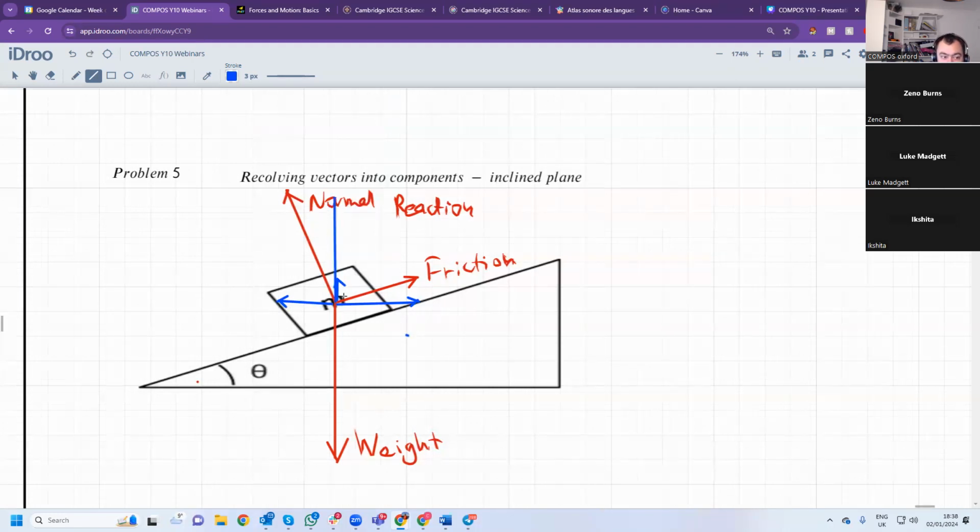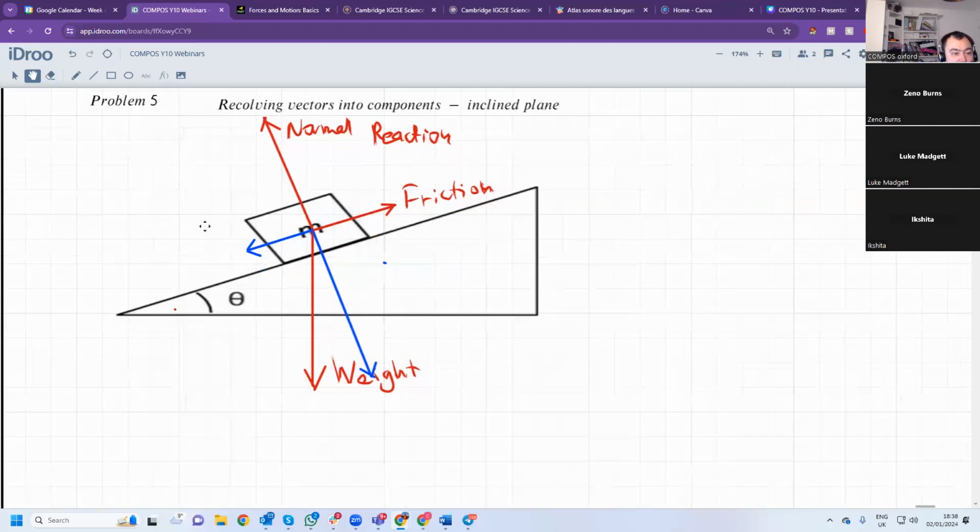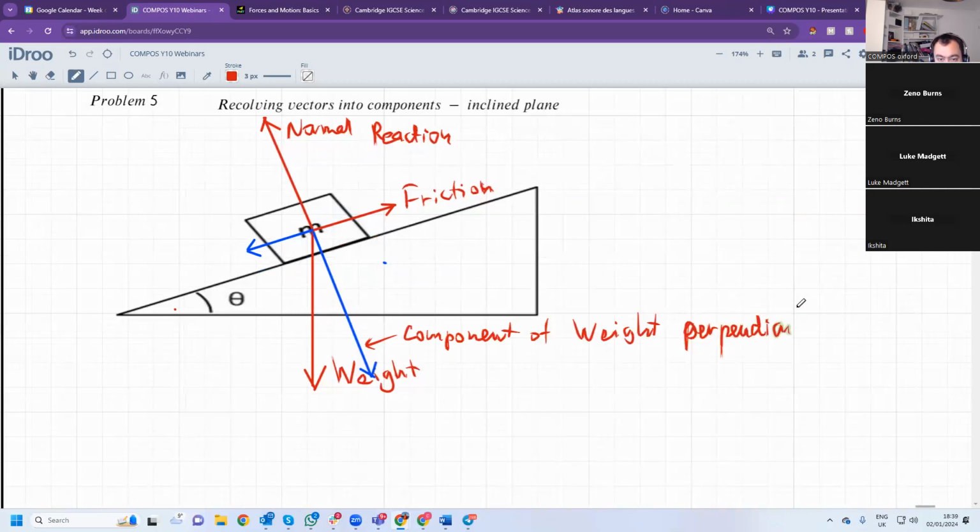However, it would actually be easier if you break down the weight into two components like this and like this. And we say that this is the component of weight perpendicular to the slope.